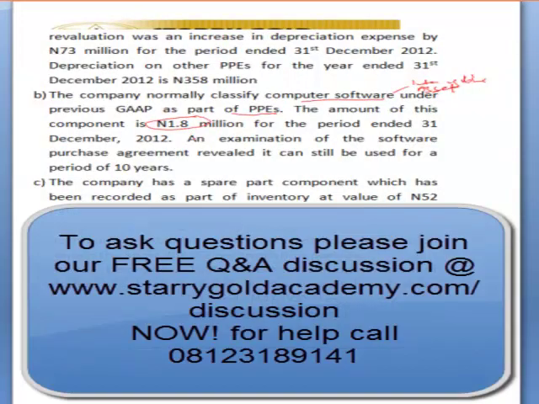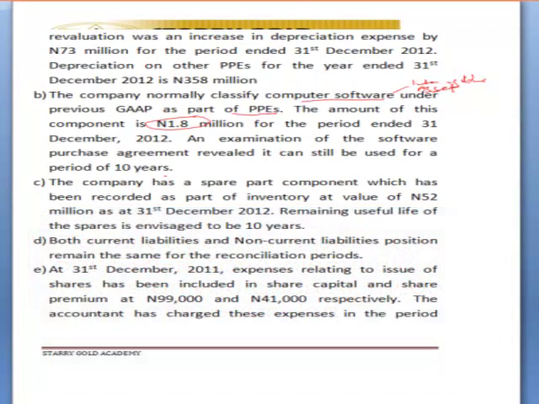Now if you also look at this, it says it can still be used for a period of 10 years. It means from the very first day that you are recognizing it as an intangible asset, you need to be able to amortize it over its useful life.